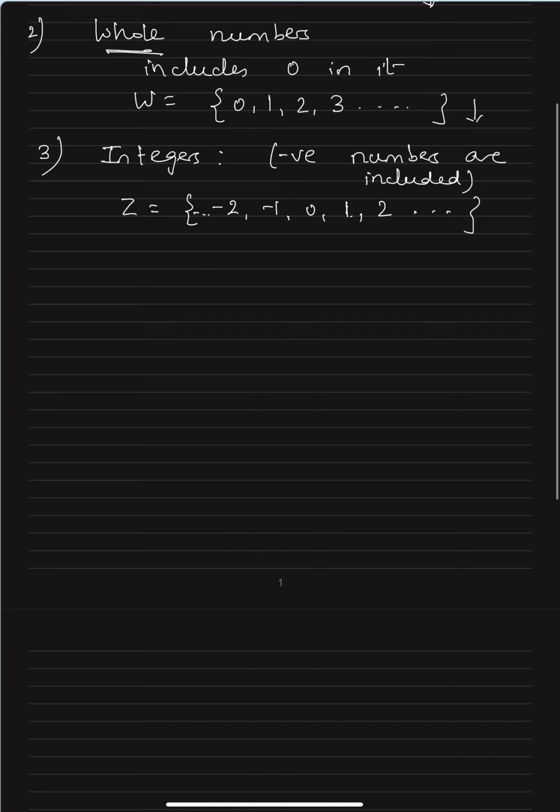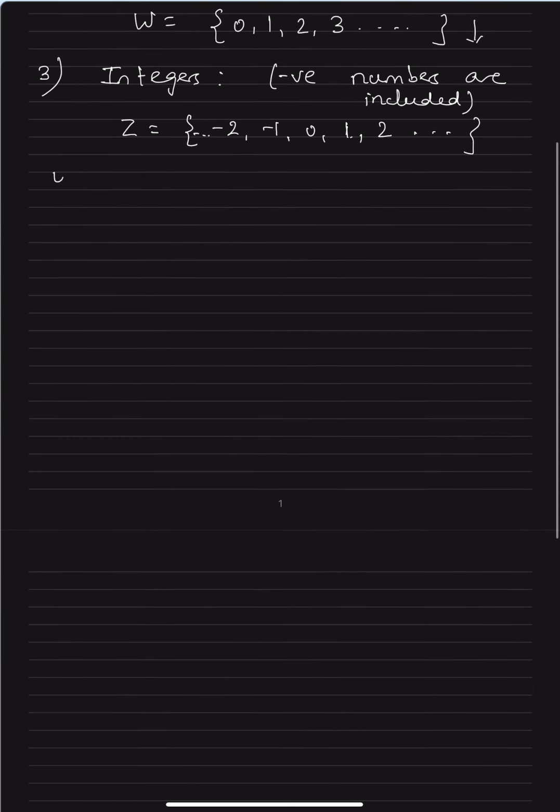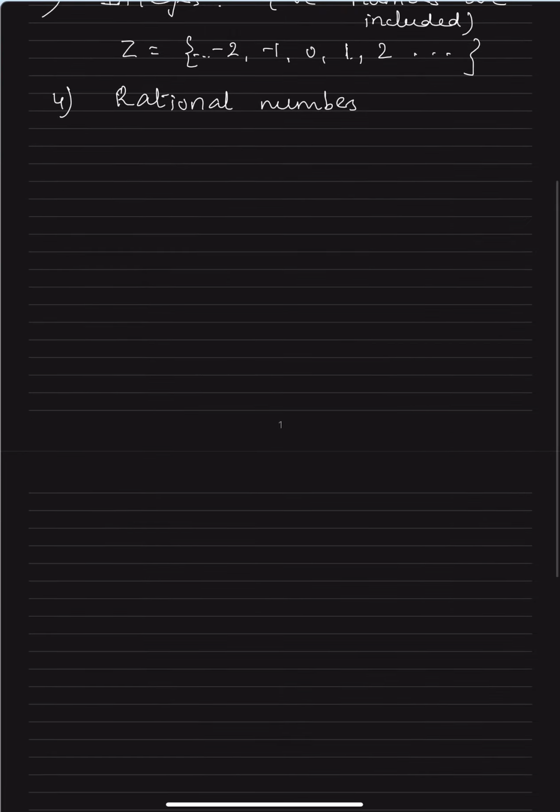The fourth number are rational numbers. That is denoted by Q. And rational numbers are in the form of p upon q, where q is not equal to 0.